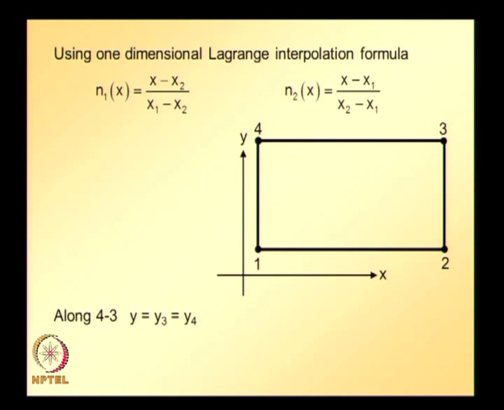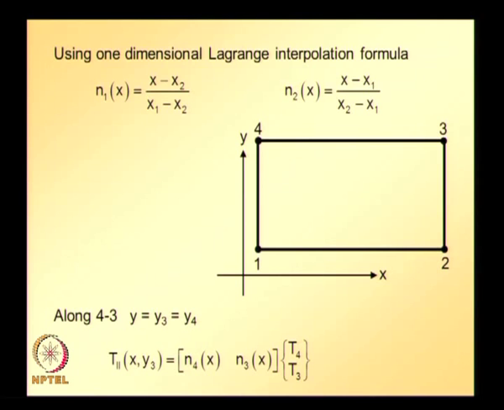Now, let us look at side 4 3, and from the figure it can be easily noticed that y value along 4 3 line is equal to y3 is equal to y4, and the field variable along 4 3 is denoted with T2, and that can be written in terms of shape functions of node 4 and node 3 in the manner that is shown there.